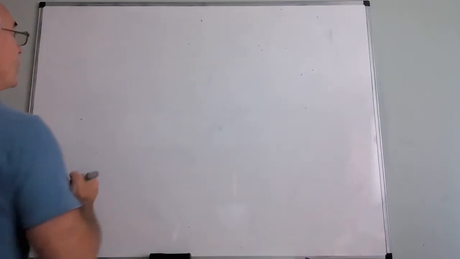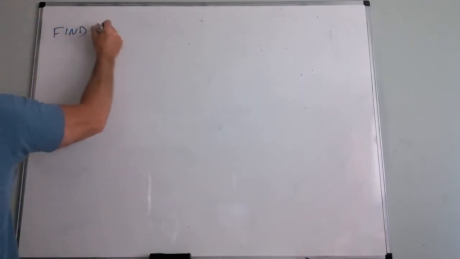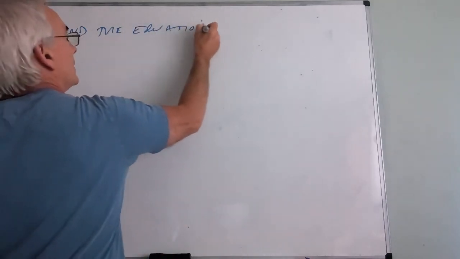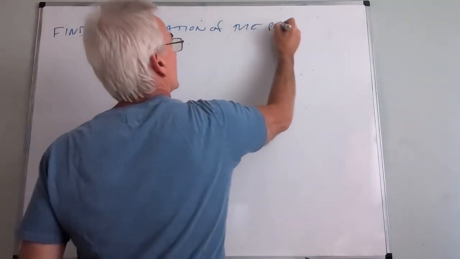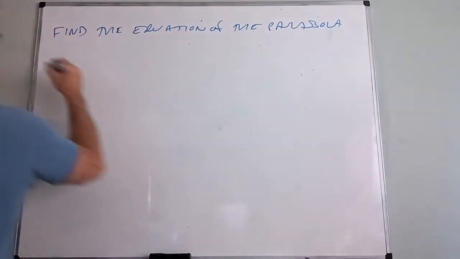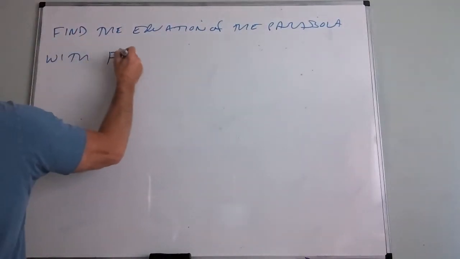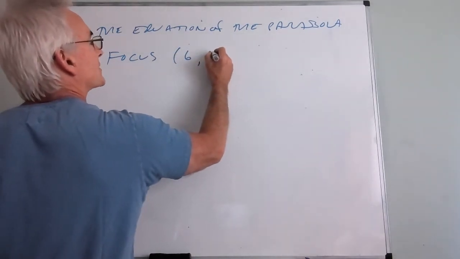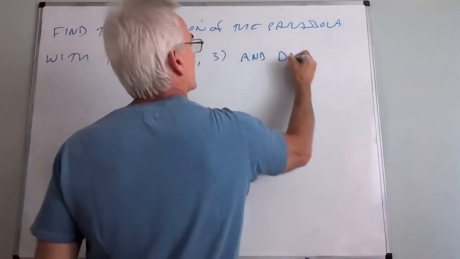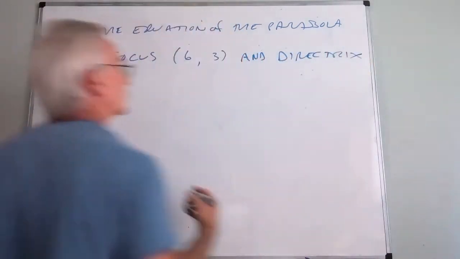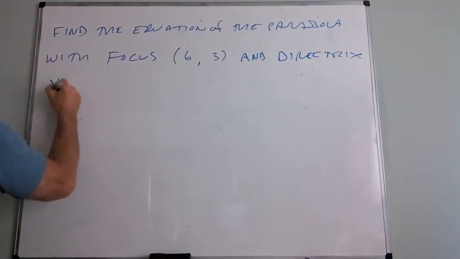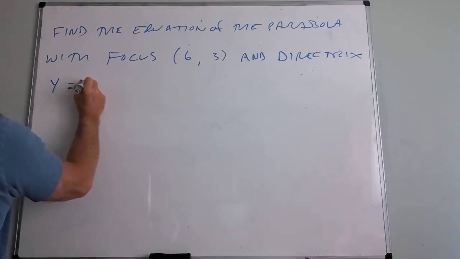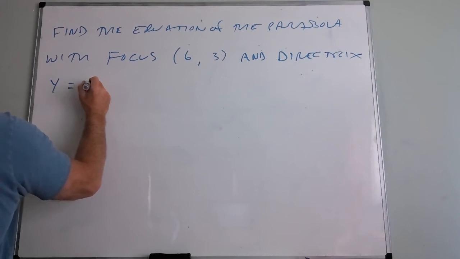Okay, let's suppose the instruction will be find the equation, or technically it's find an equation, but we all want the same form, of the parabola with focus 6, let's say 6,3, and directrix. How about the line y equals, let's say y equals 2.